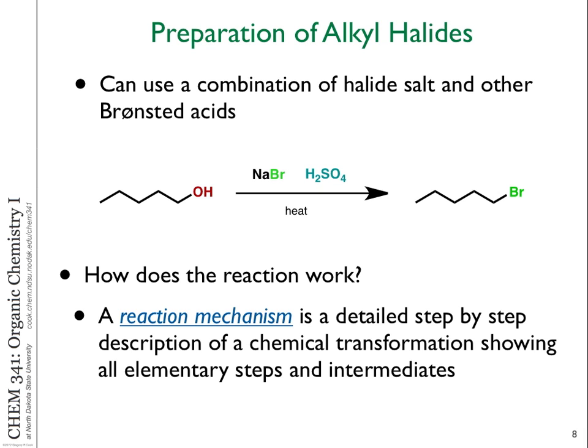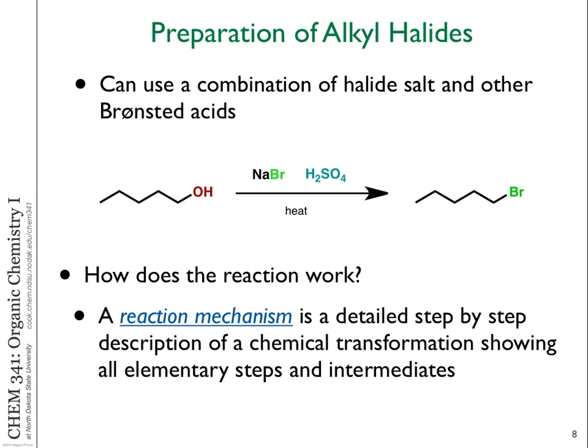So a reaction mechanism is what we refer to as the detailed step-by-step description of all the transformations, showing each step in the reaction, if it's more than one step, and any intermediates that are formed along the way. And when we hypothesize a reaction mechanism, all of the observations about that reaction must be consistent with each of those steps we've proposed.